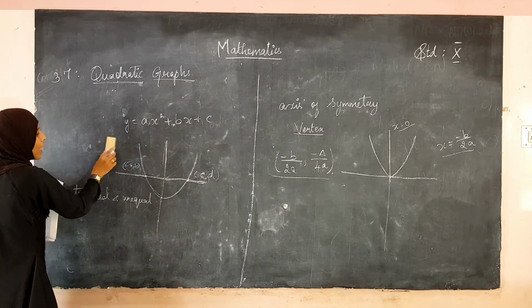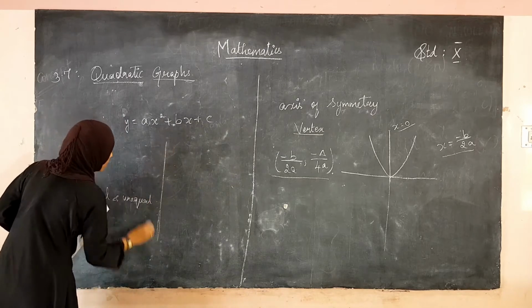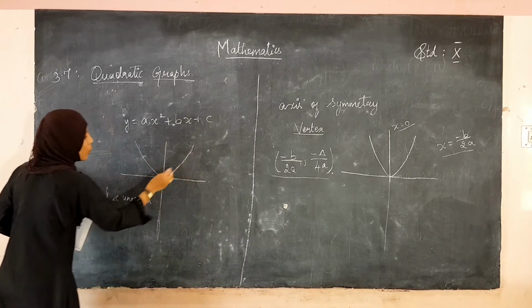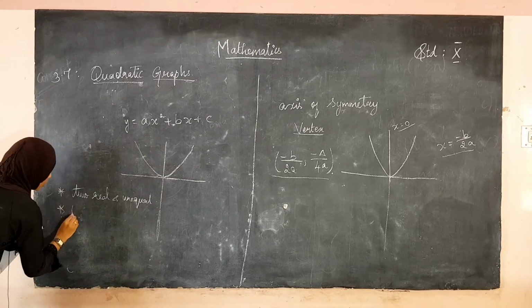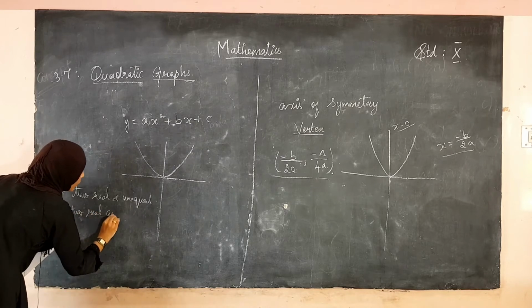If the graph touches the x axis at only one point, what is the nature of the roots? There are 2 real and equal roots.